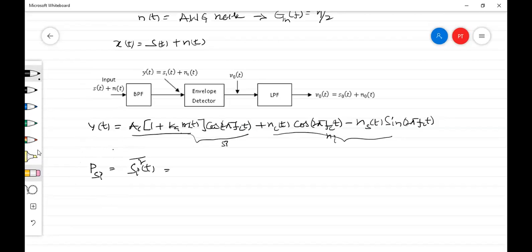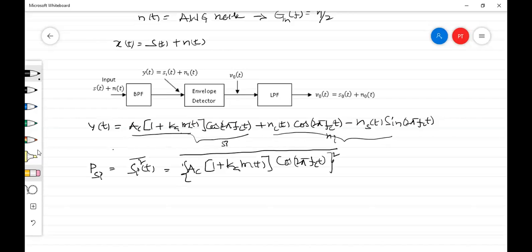mean square value, which is equal to Ac into 1 plus Ka into m of t into cos 2 pi fct, whole square mean.